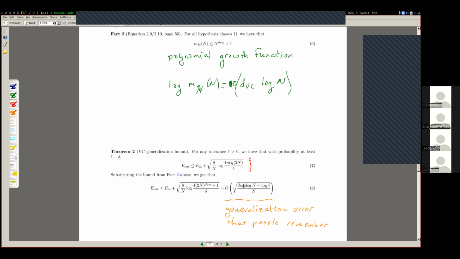What we really care about is that there's this linear relationship between the VC dimension and the number of data points: if I double the VC dimension, I'm going to need to double the number of data points to achieve a similar generalization error.